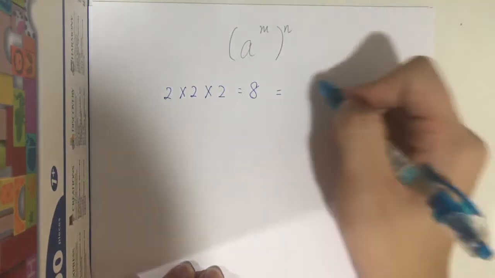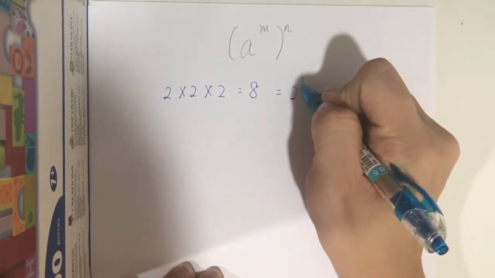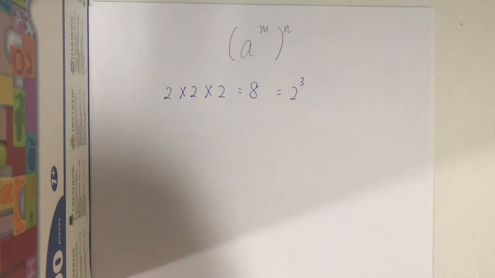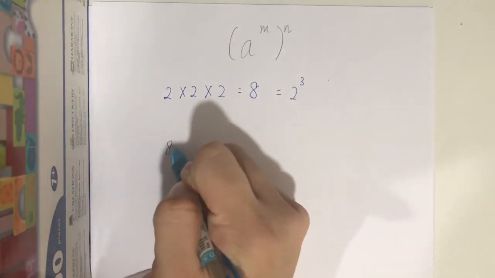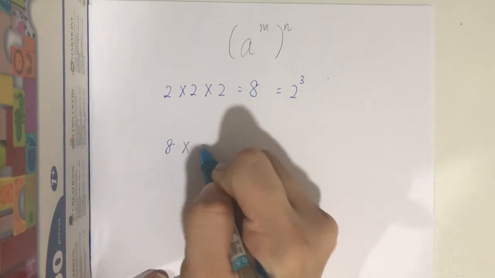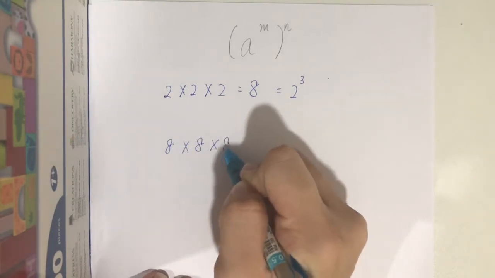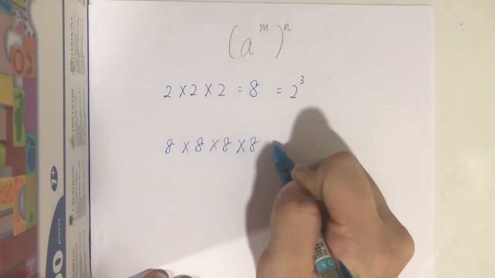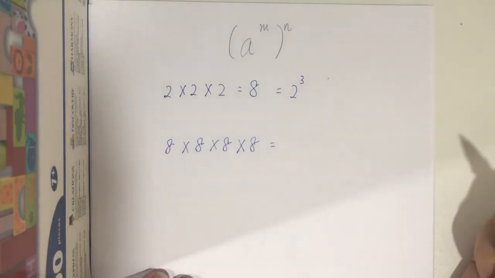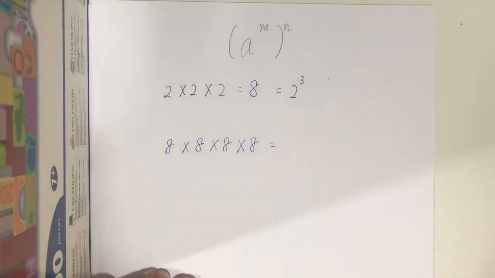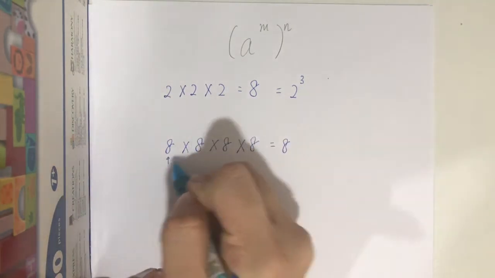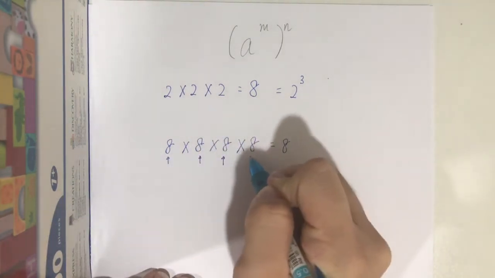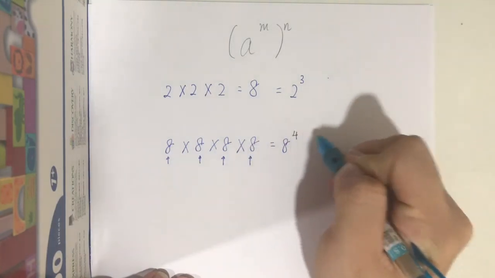In indices, we will represent it by 2 to the power 3. Okay? Now, what if you have 8 times 8 times 8 times 8? You will have 8 to the power of 1, 2, 3, 4. 8 to the power of 4.